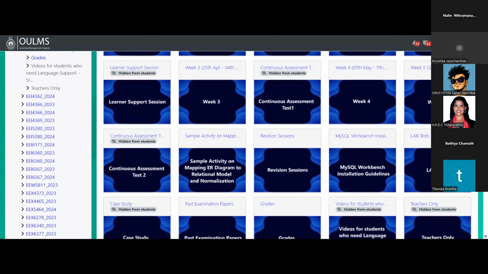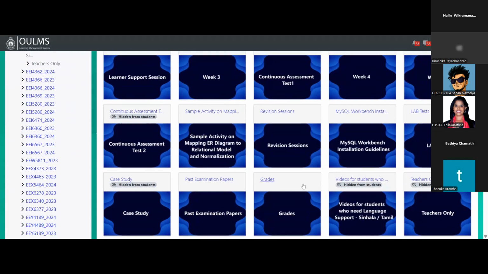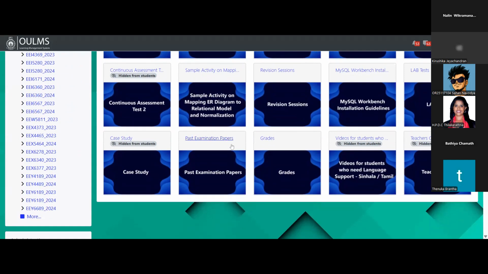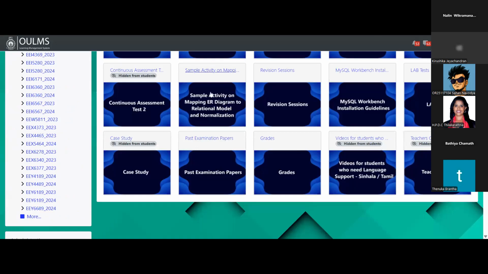And to submit the lab test or case studies and grades, for those also there are separate tile views, so you can go and check once you are enrolled in the LMS. And there are past papers as well. You can refer to the past papers and keep an eye on the past paper formats, and you can find out how you have to prepare for the exams.